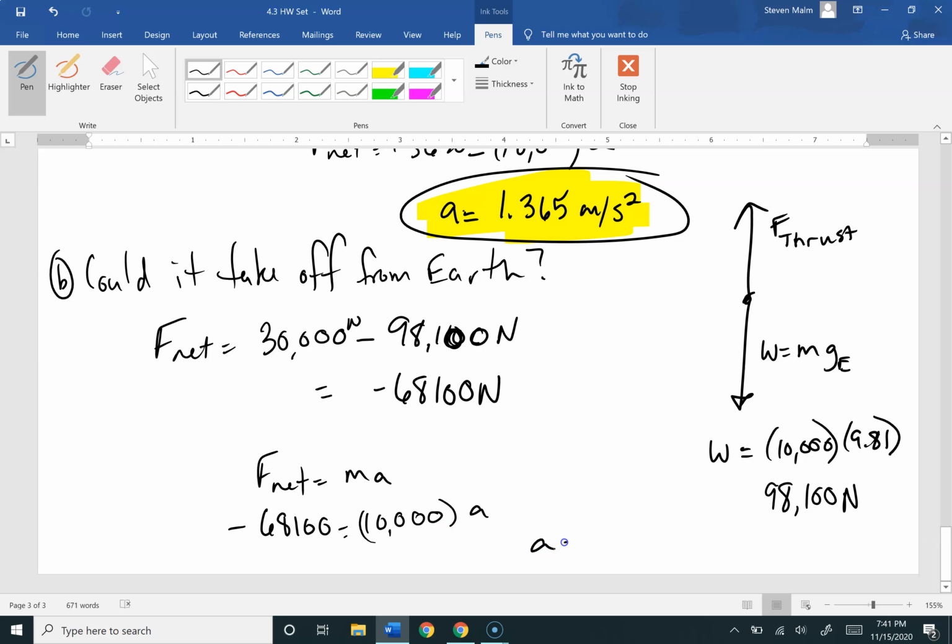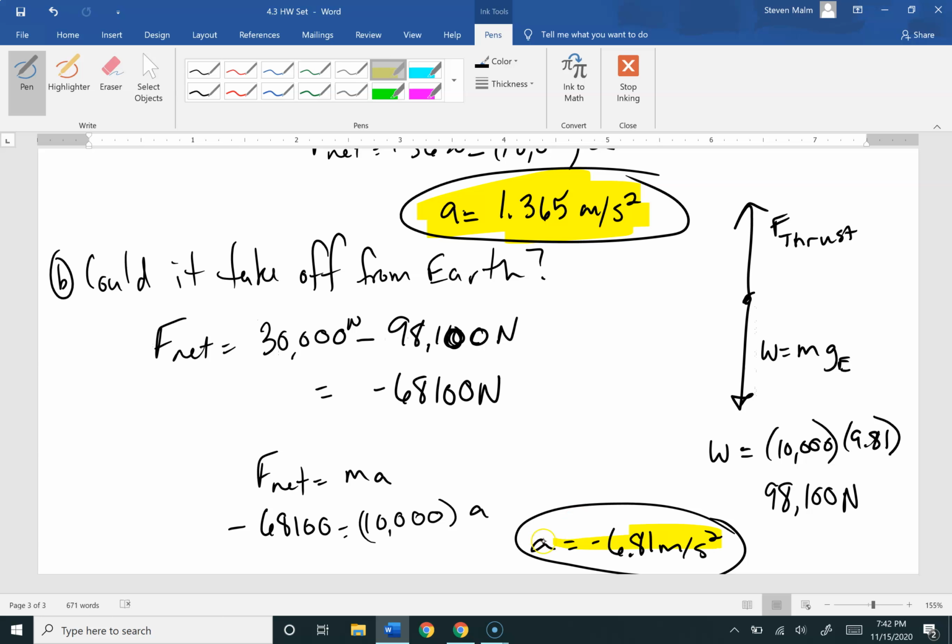And if A is negative, then A is going downward at a rate of 6.81 meters per second squared.